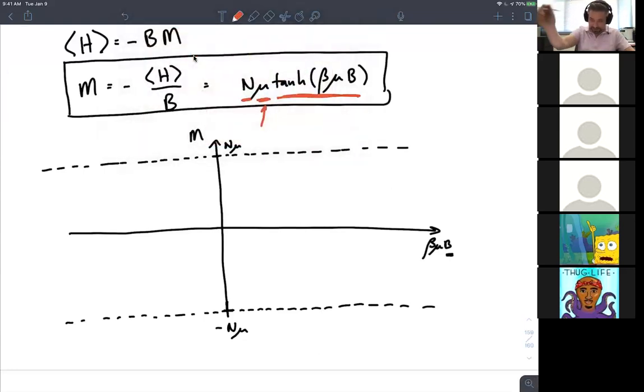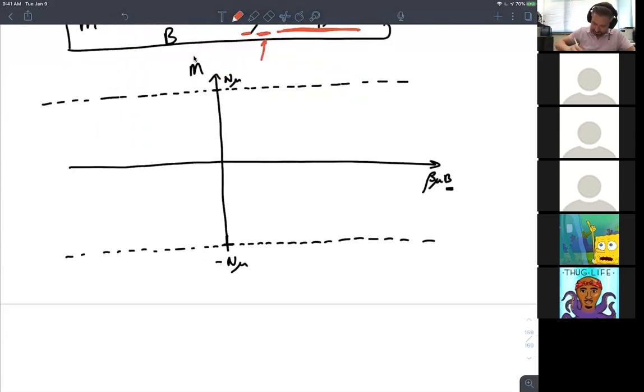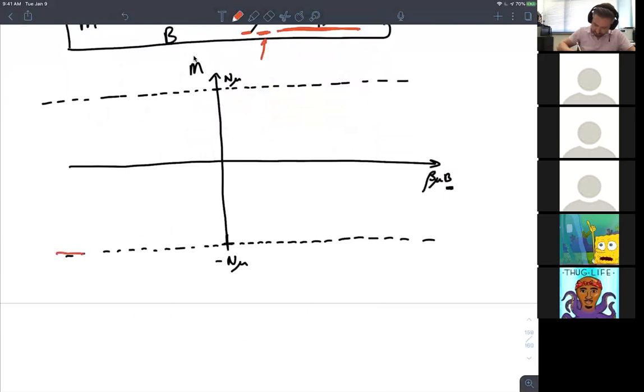Okay, here we go. Let's see if I can do this without screwing things up. So it looks like a sigmoid, right? It looks like that. So when the magnetic field is strongly negative, that is, when you're over here, the magnetic field is negative, pointing down, and it's very strong.